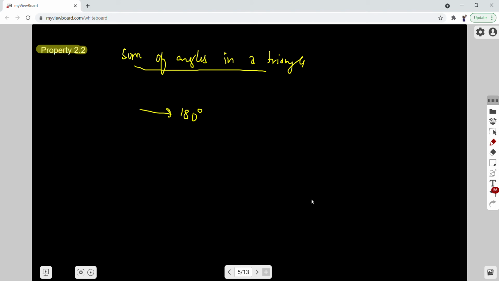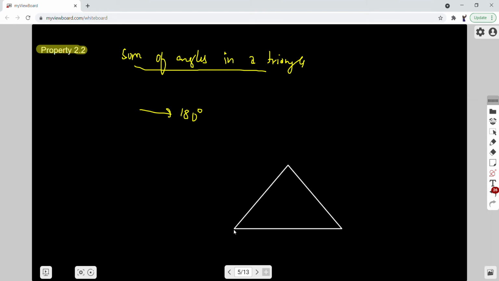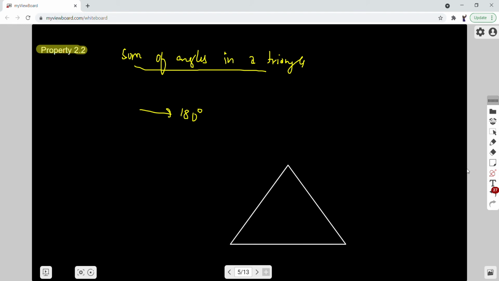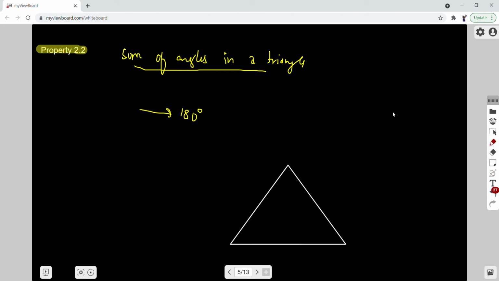So if we take a triangle, we have a triangle, and then we have a straight line which is parallel to, let me name this A, B, C. This line L is parallel to BC.